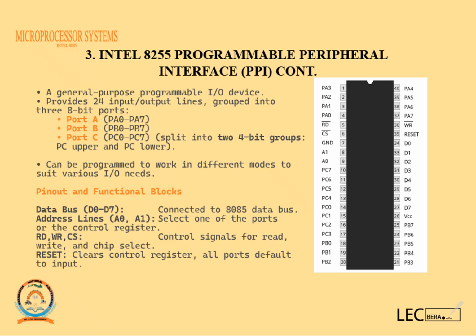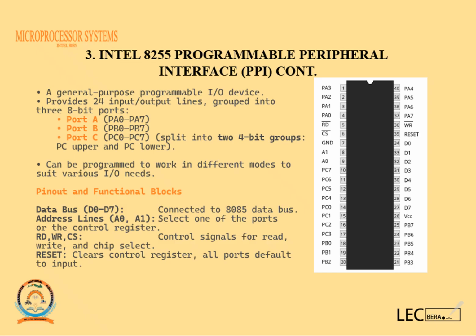8-bit ports. So we have port A, which is 8 bits from PA0 to PA7. Port B, 8 bits again, PB0 to PB7. And then we have port C, which is PC0 to PC7. But this one, port C, we've seen has been split into 4-bit groups.